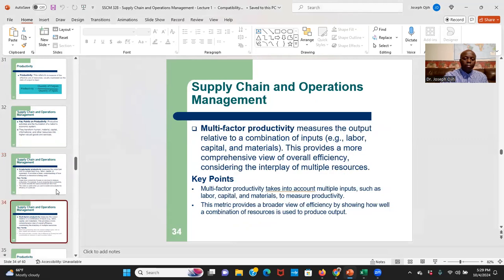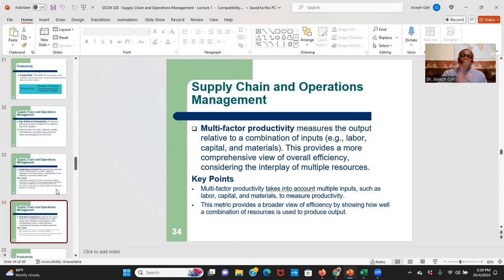Now, there's multi-factor productivity. In this case, we measure the output relative to a combination of factors such as labor, capital, and materials. Using multi-factor productivity, we can have a comprehensive view of overall efficiency when we consider the interplay of these multiple resources.